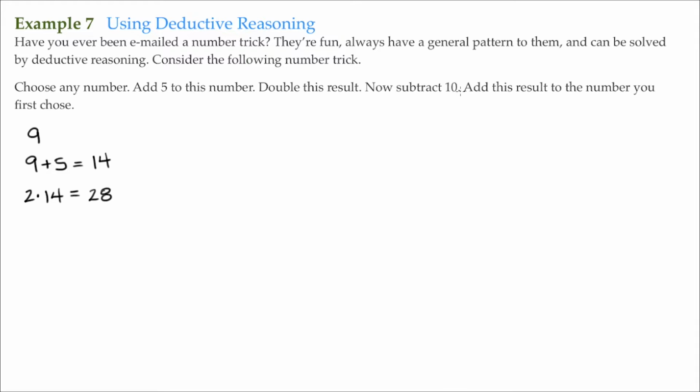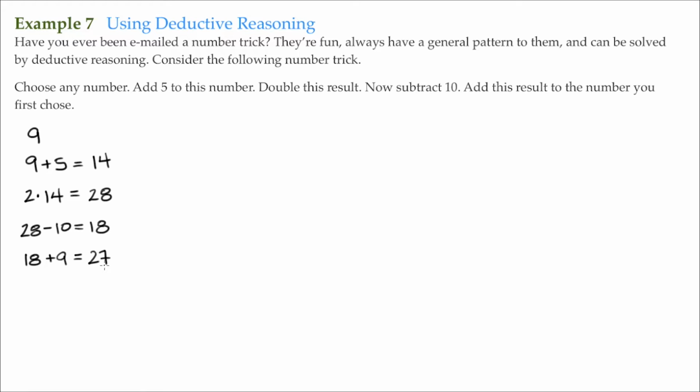Now subtract 10. 28 minus 10, that's 18. Then add this result to the number you first chose. So 18, add that to the 9 that we first chose, and that gives us 27. So it really doesn't tell us anything other than what our starting value is and then our result.